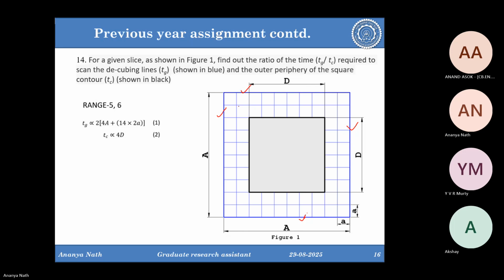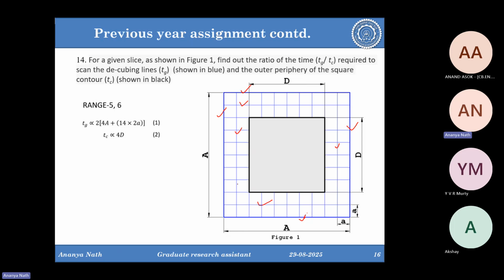This is also A, this is also A, this is also A. But we have some overlap. So let's just take that this is the 4A.